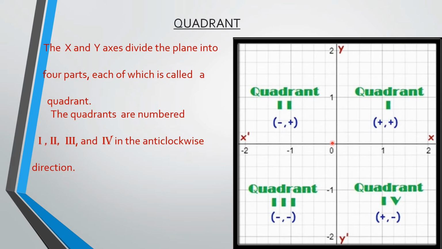That is why negative and positive. In the third quadrant, the x coordinate and y coordinate are negative. Therefore, negative and negative. And in the fourth quadrant, the x coordinate is positive and the y coordinate is negative. That is why it is positive and negative.